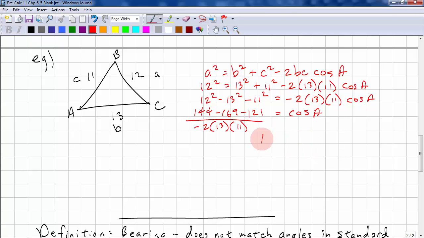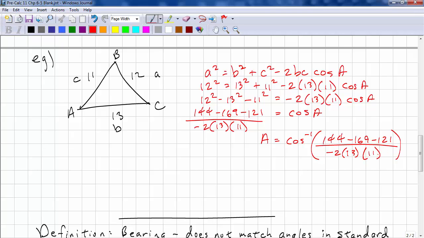So angle A equals inverse cos of 144 minus 169 minus 121 all over minus 2 times 13 times 11.